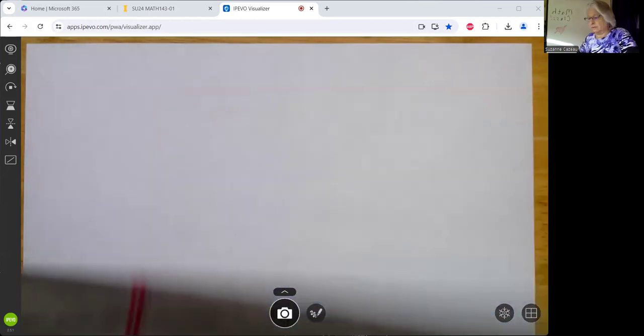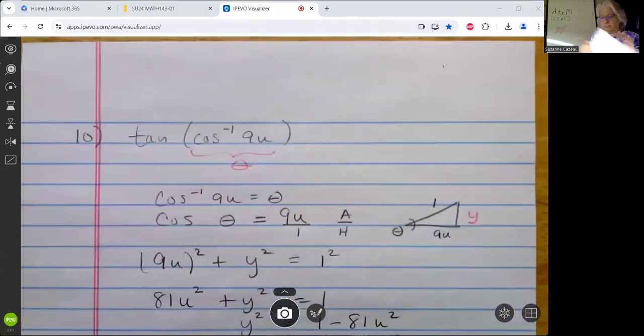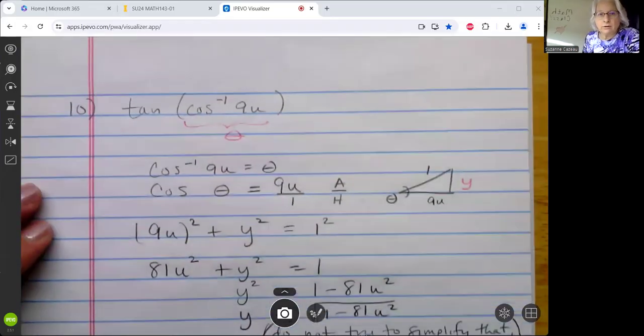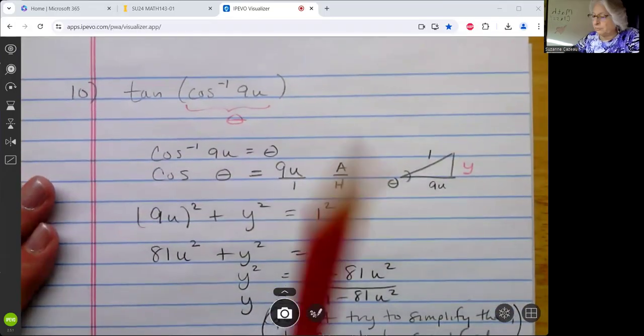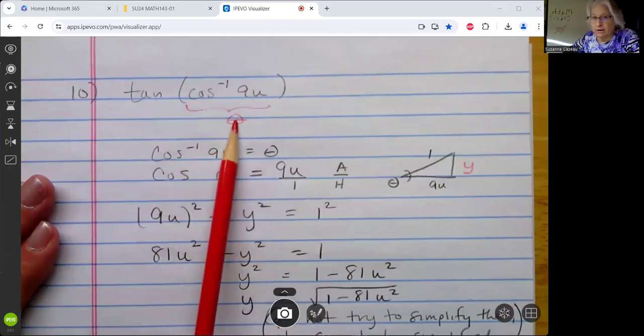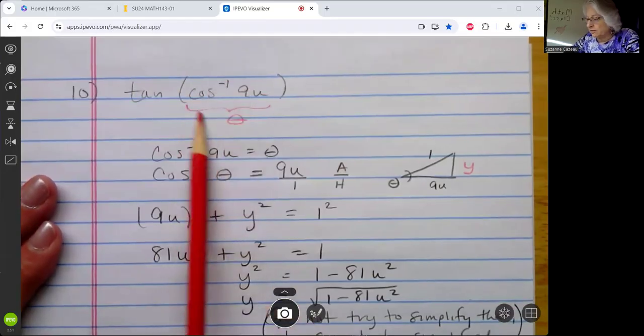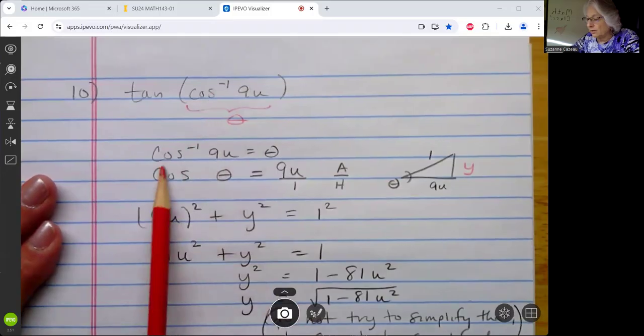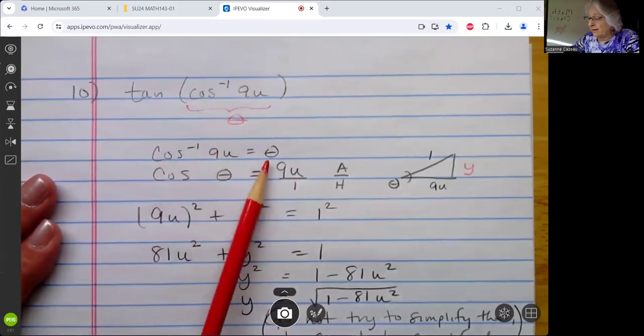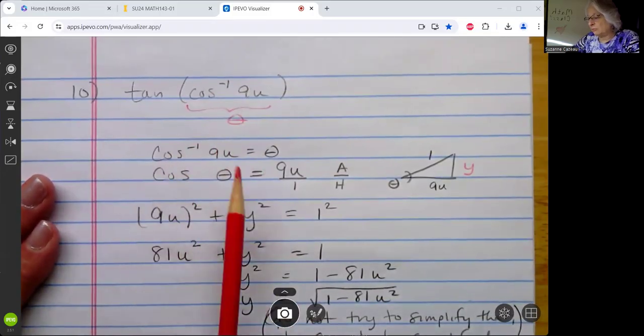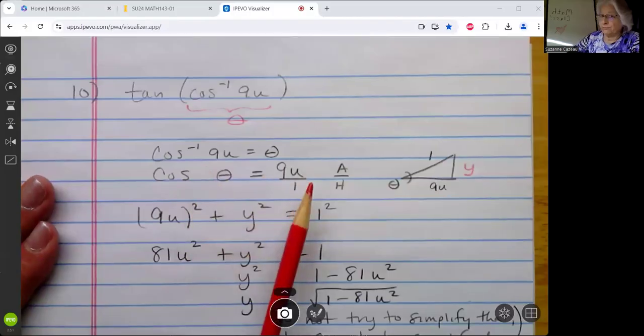So here's the problem. I'm just going to call this guy theta. So inverse cosine of 9u is theta. That means the cosine of theta is 9u.